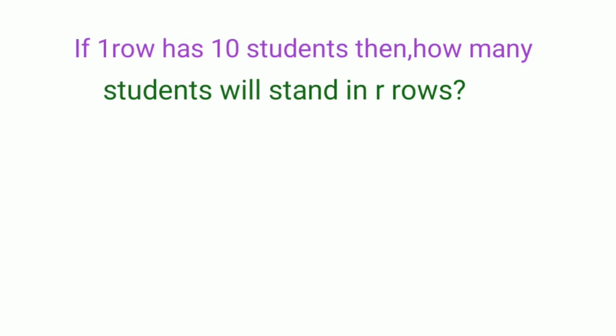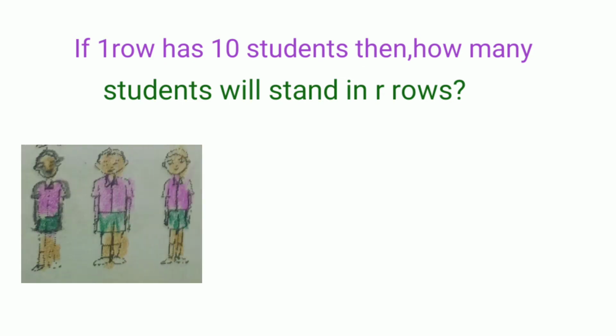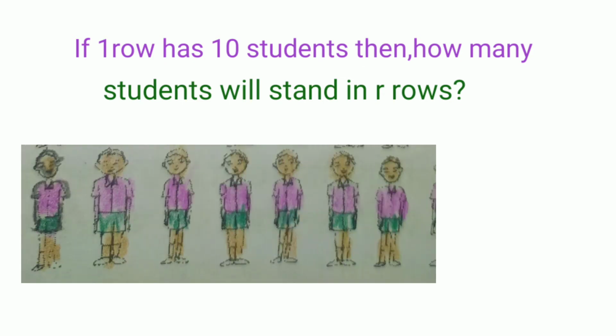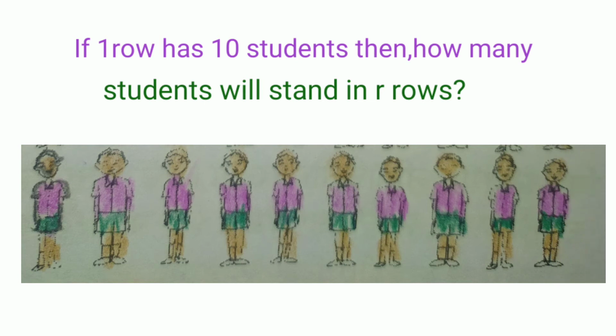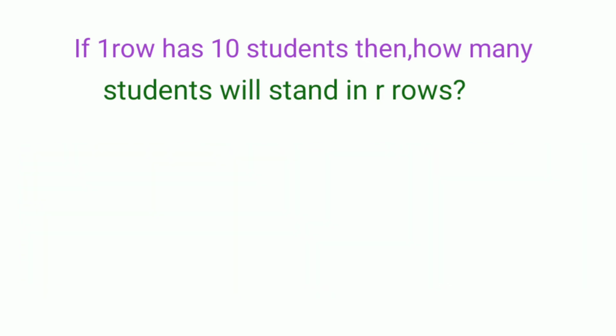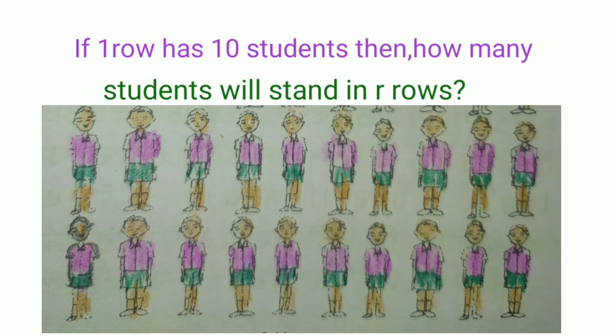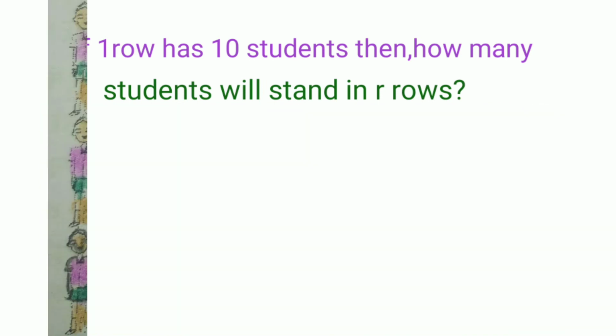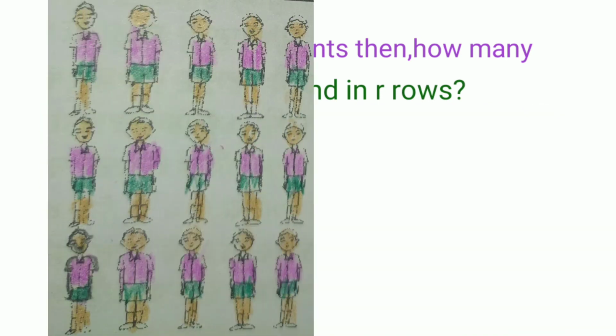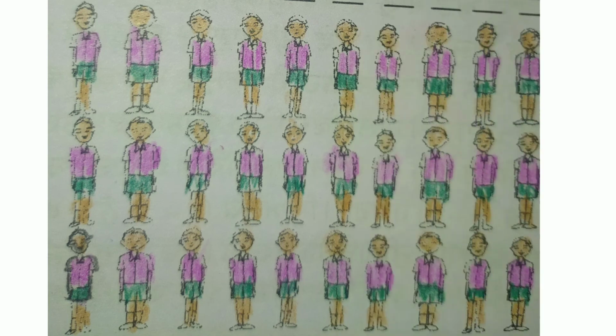Now let us take another example. In the morning assembly of a school, the students are to stand in a row. If one row contains 10 students, then 2 rows will have 20 students, right? And 3 rows, that is 3 into 10, 30 students, correct?